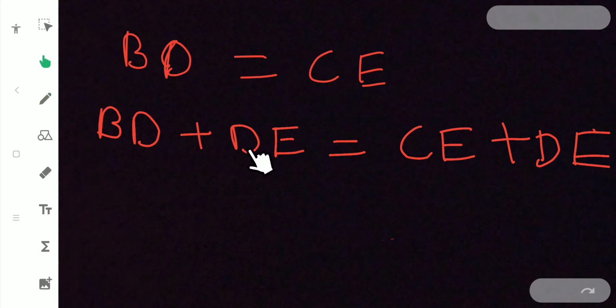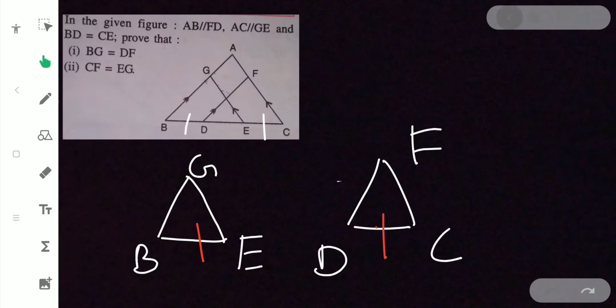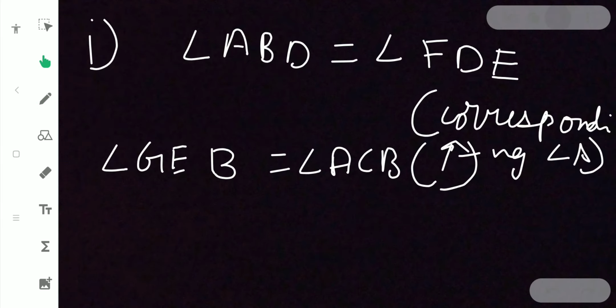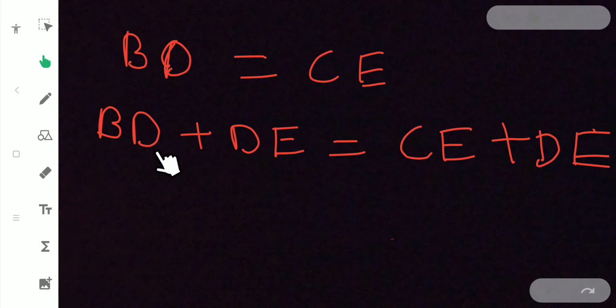I added DE on both the RHS and LHS, so the equation will be balanced. As I have said, whatever we have done on the LHS, we should do on the RHS. So I have added DE on the LHS, we will have DE on the RHS too. Now here, BD plus DE.